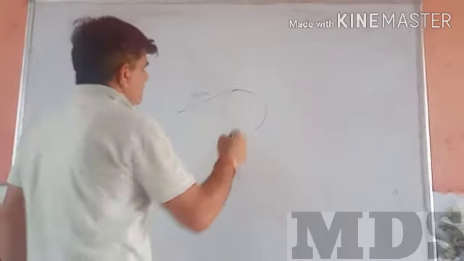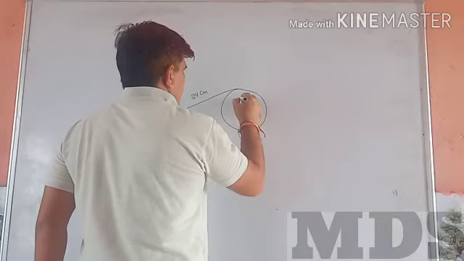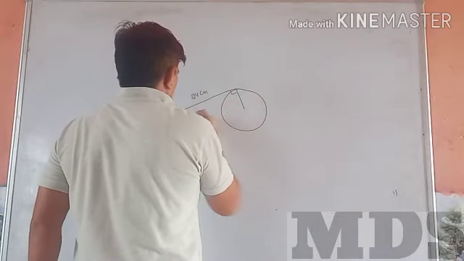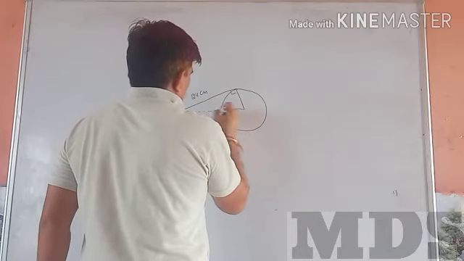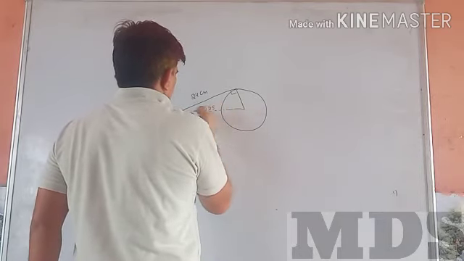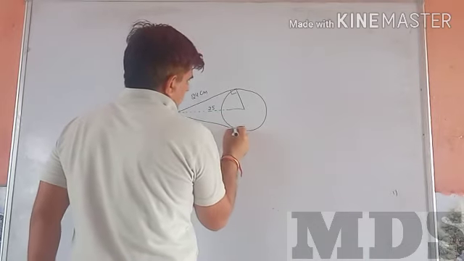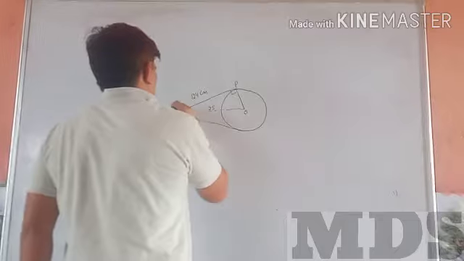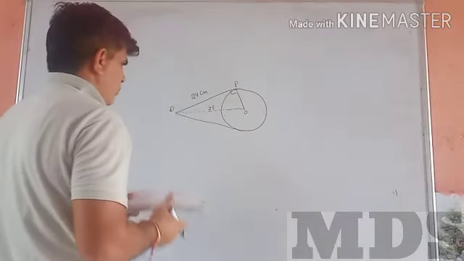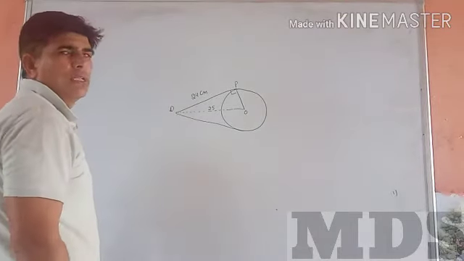And the distance of Q from the center, this is the center. So this is perpendicular, this angle you know. This distance is how much? 25 centimeters. This is O, this is P and this is Q. You have to find out the radius of the circle.